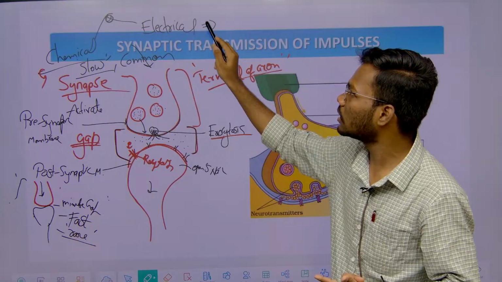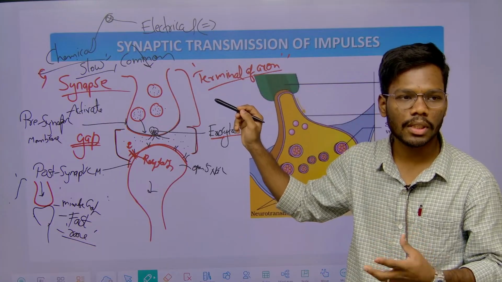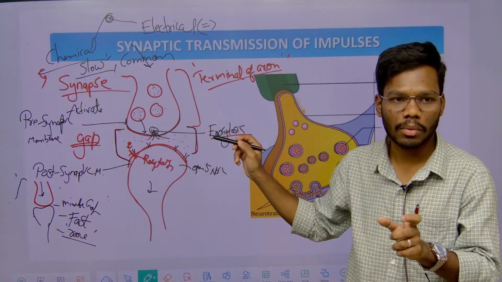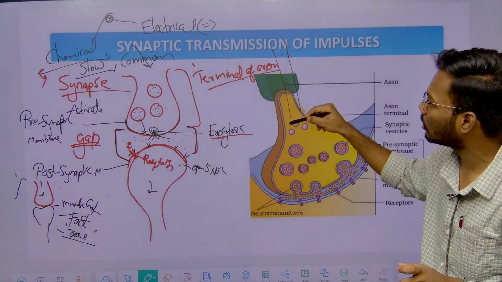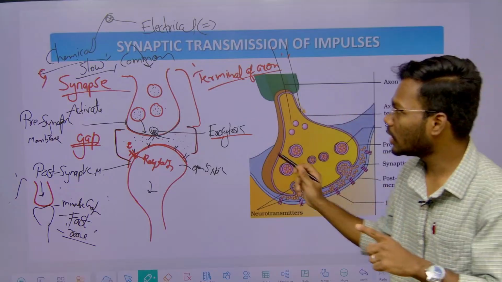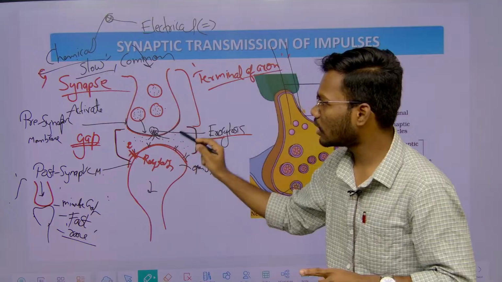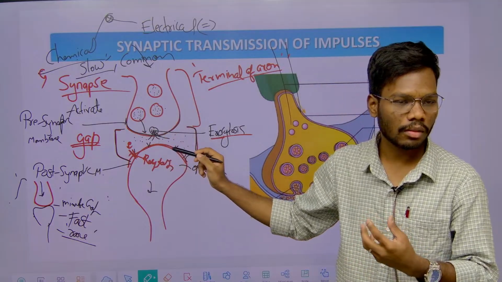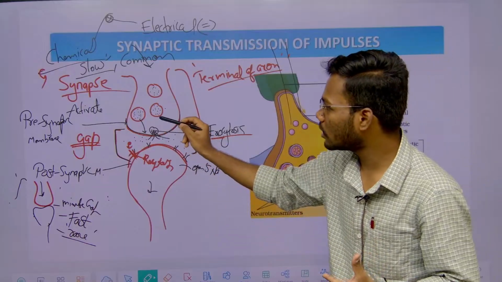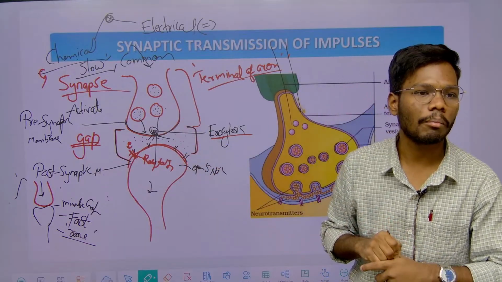In the electrical synapse there will be no neurotransmitter, only the impulse, like what we studied about propagation of the nerve impulse in the axon. Likewise, it is generated from one neuron to another neuron. But in chemical synapse, neurotransmitters play a crucial role in the transmission of the nerve impulse.